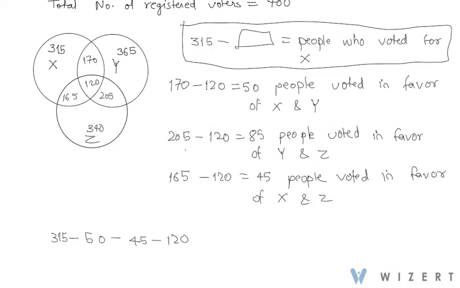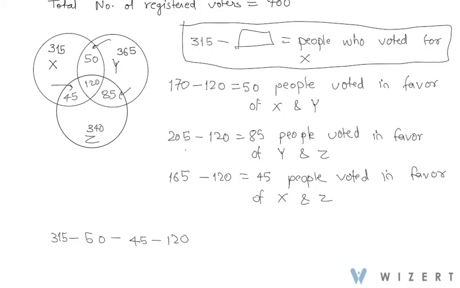Why? Because as we calculated here, this much portion is representing 50, 45 and 85 respectively, because the total has to be 170 here, 165 here and 205 here.